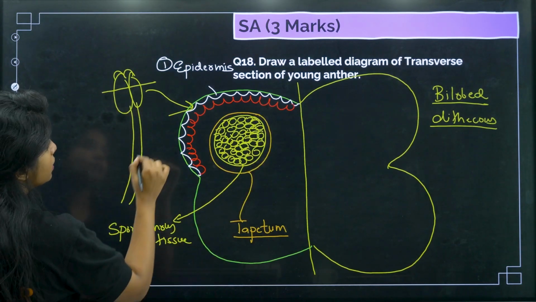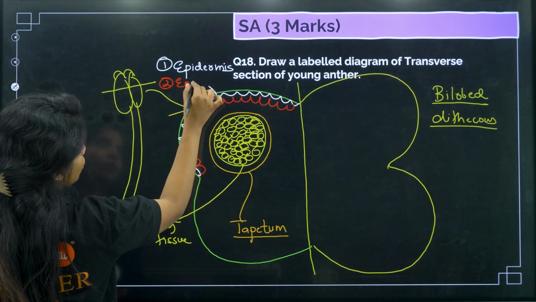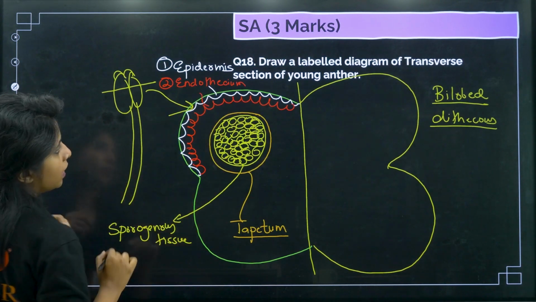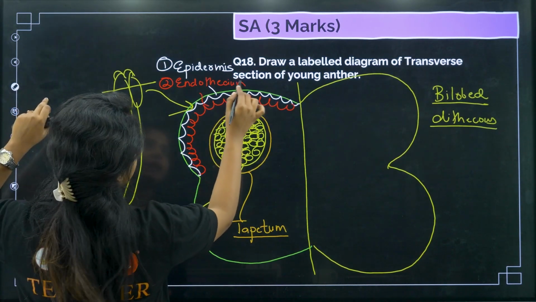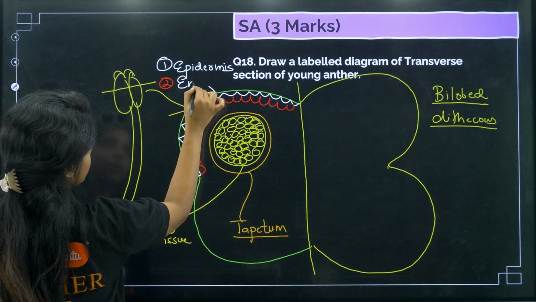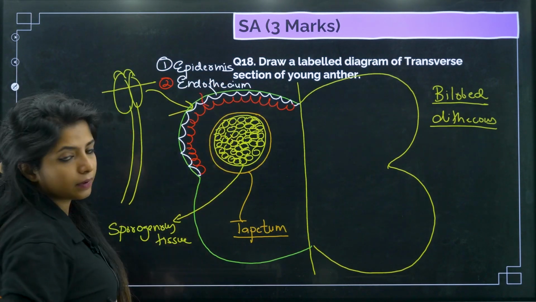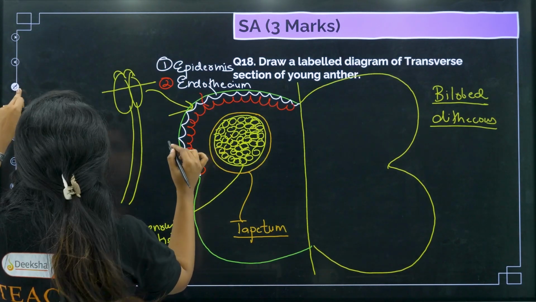You call this next layer the endothecium. Epidermis, and then you have endothecium. If it is not visible, I'll write it clearly. With white only I write endothecium.